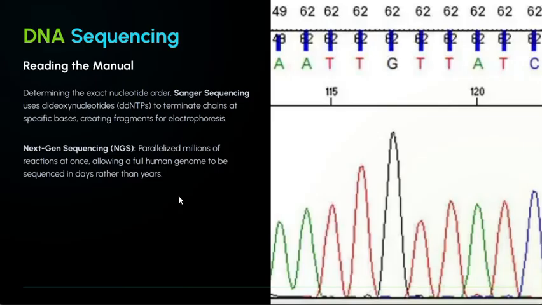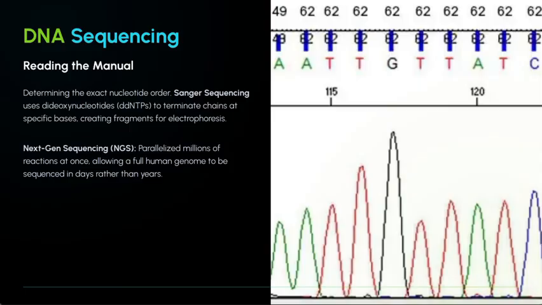And then the next-gen sequencing, NGS, parallelizes millions of reactions at once. And this allows a full human genome to be sequenced in a day rather than years.